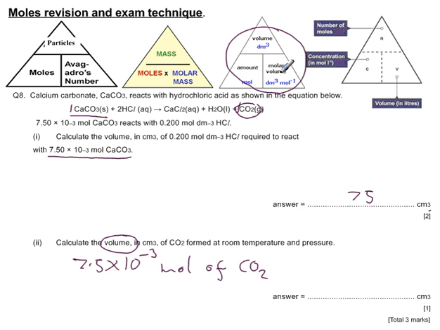So we get this number, make sure it's in brackets in your calculator, and multiply it by the molar volume. Now, the molar volume is 24 litres. However, we want the answer in centimetres cubed. So remember, 24 litres is equal to 24,000 centimetre cubed. And if you do that calculation, the answer is 180 centimetres cubed.